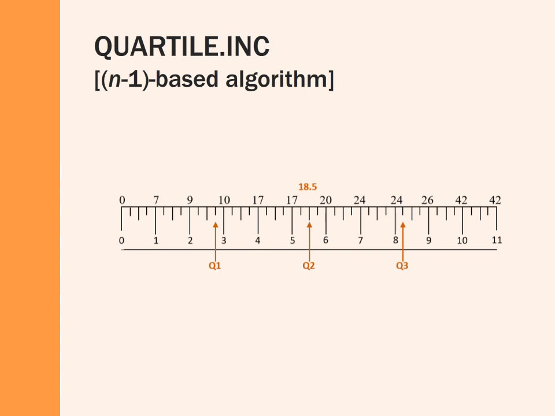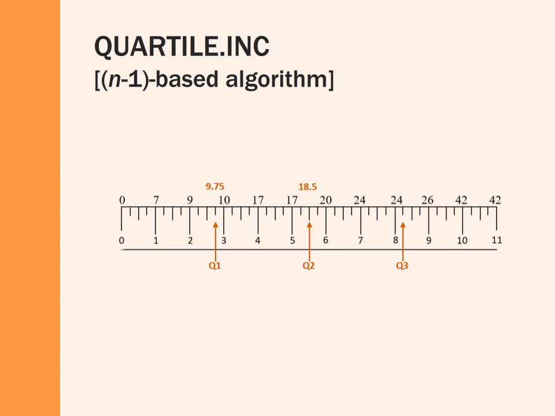And we see that the first quartile is 3/4 of the distance between 2 and 3. 3/4 of a distance of 1 is 0.75. So we add that 0.75 to the lower value of this pair, which gives 9.75. So 9.75 is the value of the first quartile.